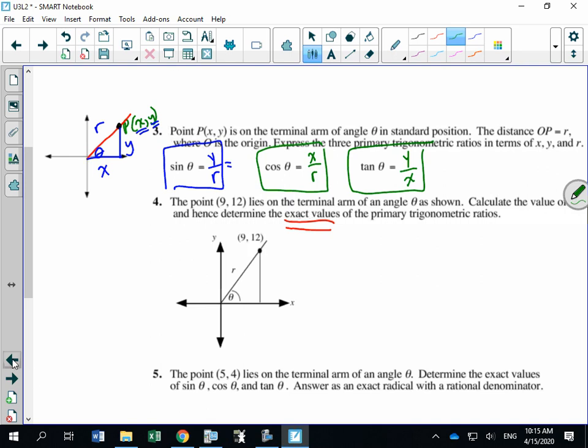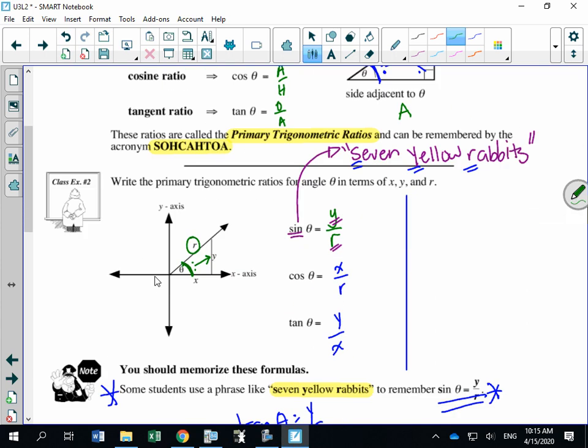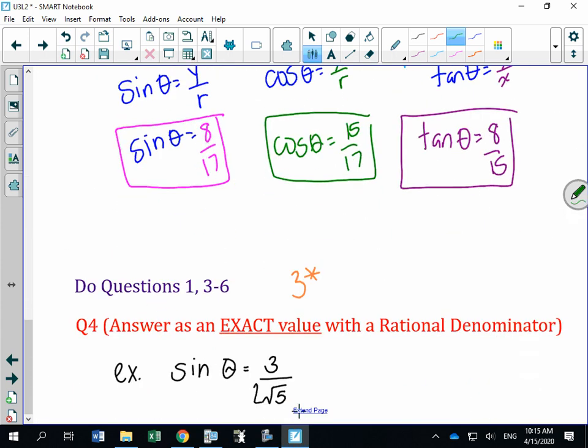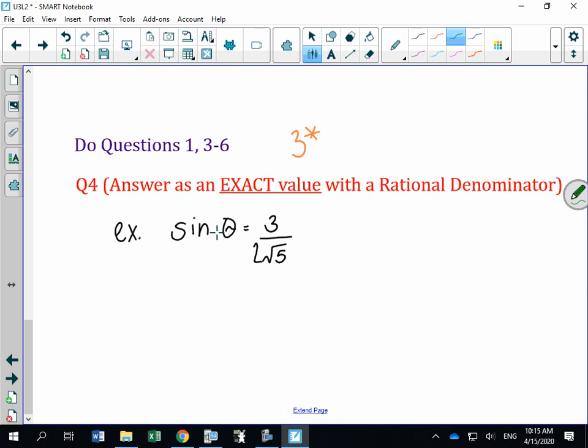The one thing that I want to point out that I have made a note of down here: let's say you're asked to do a trig ratio of sine of theta, and you write that sine is y over r, 7 yellow rabbits. So let's say y is 3, and you get this to be your radius, 2 root 5. What we always have to do, oh, this will be for question 4, we always have to rationalize the denominator. So we can't have a radical in the denominator.